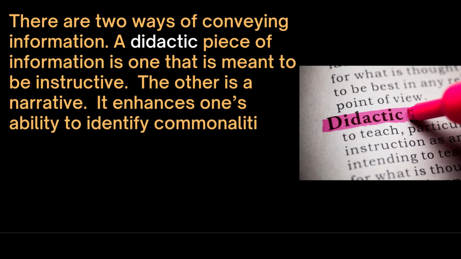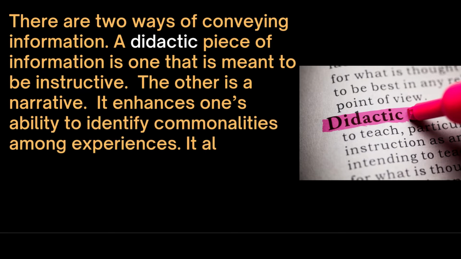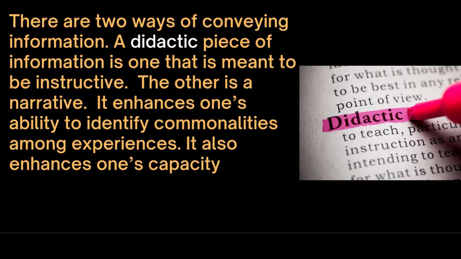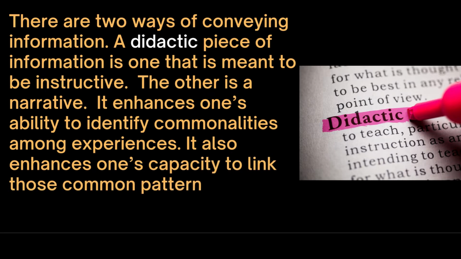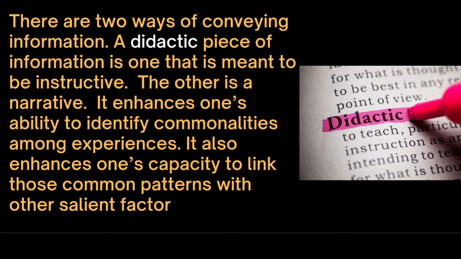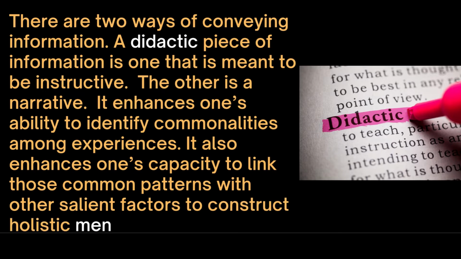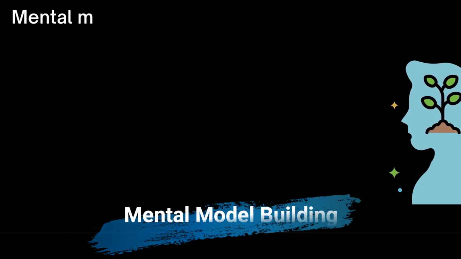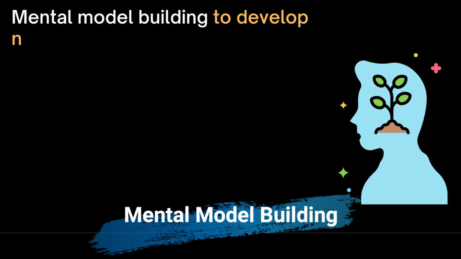It enhances one's ability to identify commonalities among experiences. It also enhances one's capacity to link those common patterns with other salient factors to construct holistic mental models. Mental modeling is of three types.